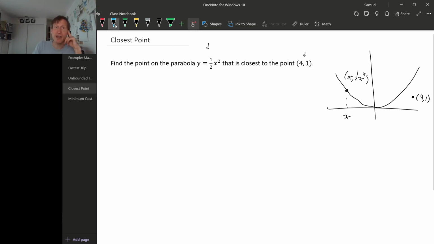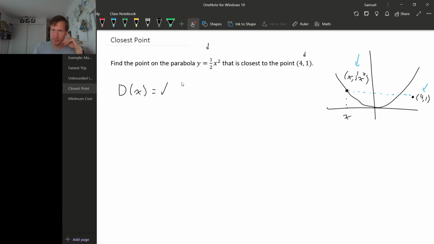So what we can do now is write down the distance from the point on the parabola to our fixed point. I'll use a capital D because lowercase d is special in calculus class. So D, distance as a function of x, is, we're going to have to use the distance formula.